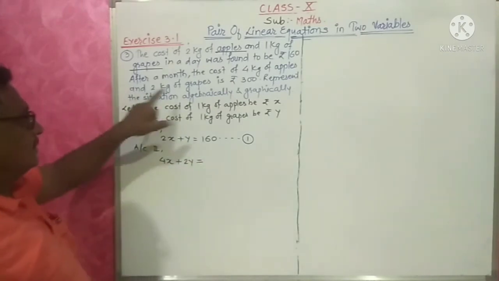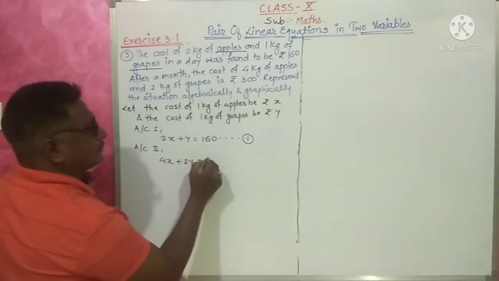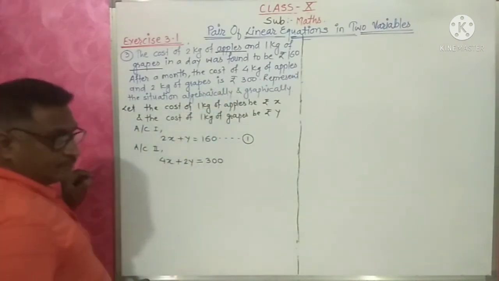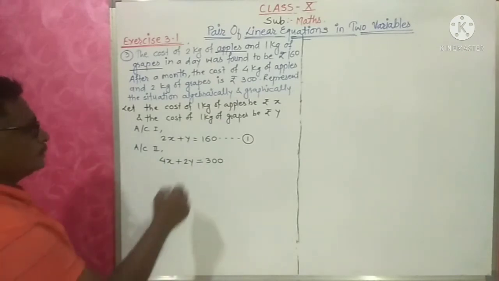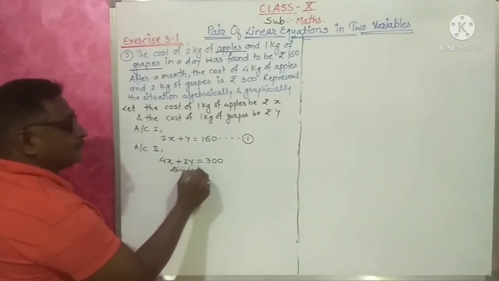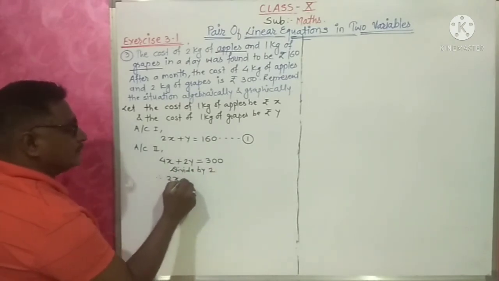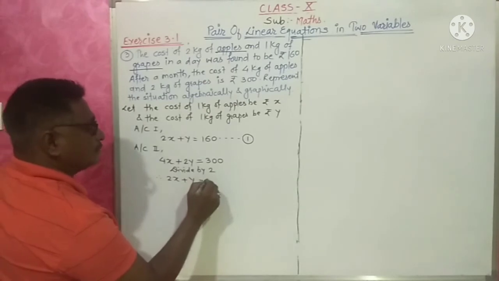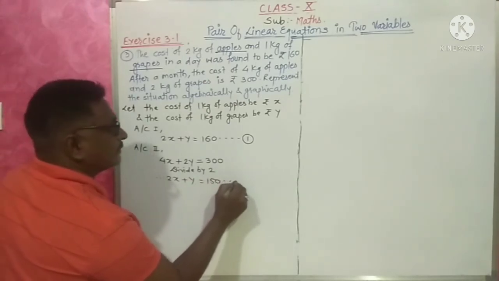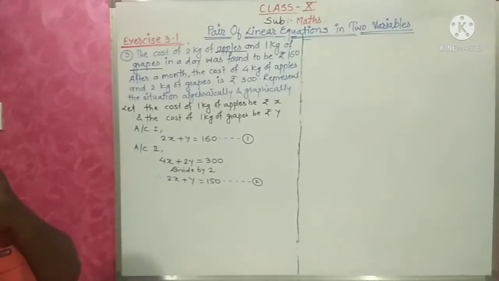Together how much did she pay? 300 rupees. Here 2 is common, so divide by 2 and write in the simplest form. What will we get? 2x plus y equals 150. This is equation number 2. Got both equations?